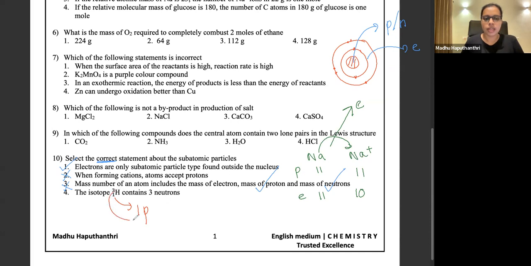Then this 3 is indicating the addition of protons and neutrons, that is equal to 3. We know the proton count is 1, so the neutron count has to be only 2. Right? It's only 2, not 3 neutrons. This is wrong.